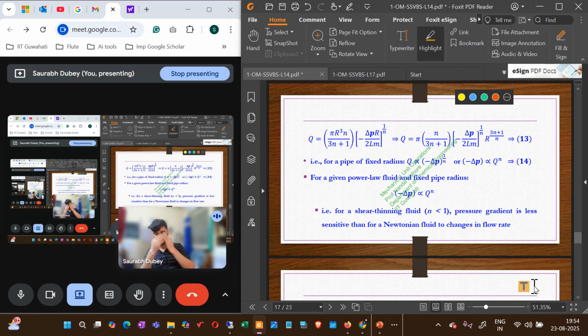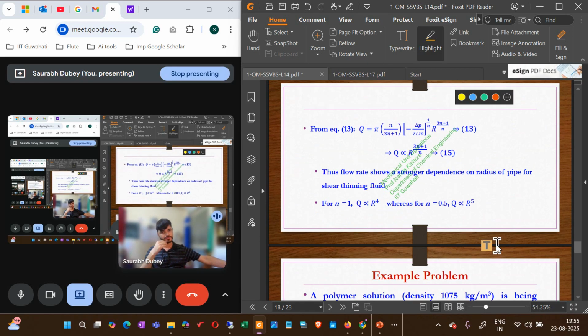So delta P will be less sensitive to flow rate, right? And similarly, for n less than 1, the flow rate shows a stronger dependence on the radius of the pipe. You see that if n is 1, then it will come out to be 4. And when n is less than 1, it is coming out to be 5, right?